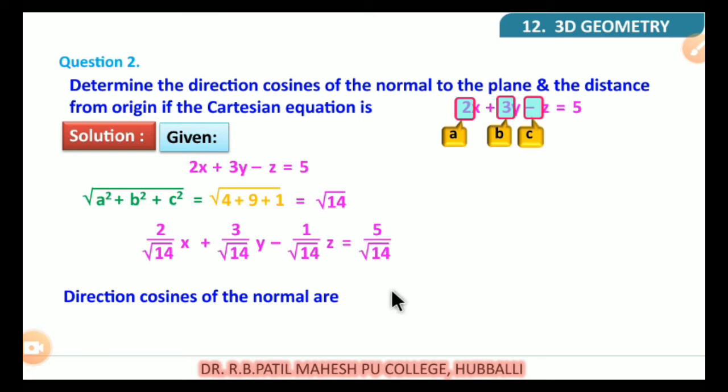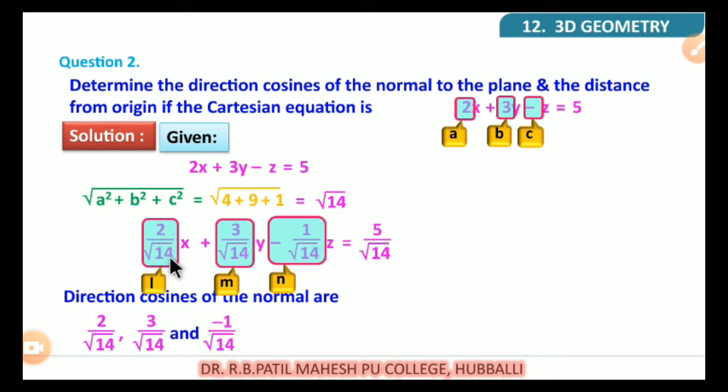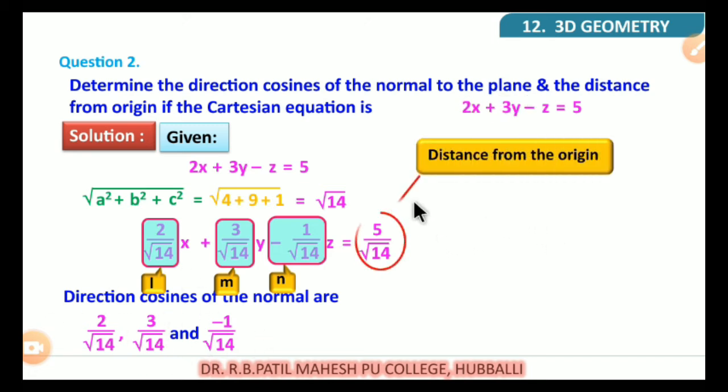Only 5 by square root of 14 is the distance from the origin. So the direction cosines of the normal are 2 by square root of 14, 3 by square root of 14 and minus 1 by square root of 14. And the distance from the origin is 5 by square root of 14.